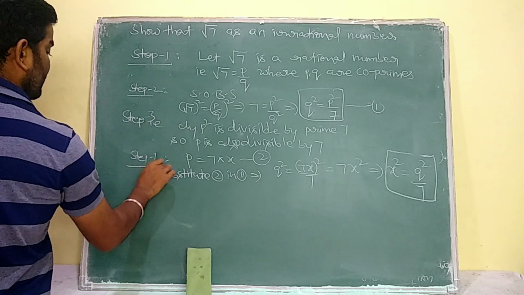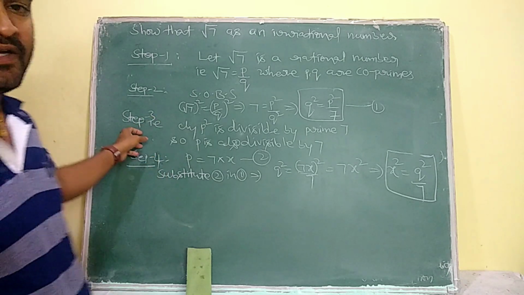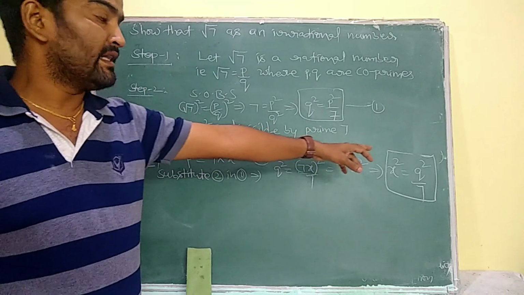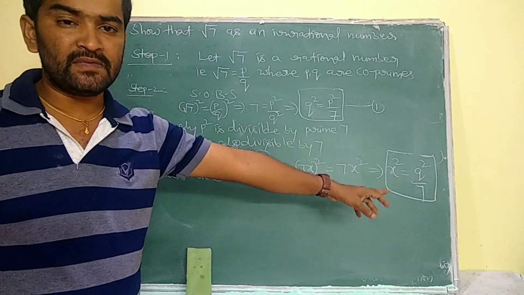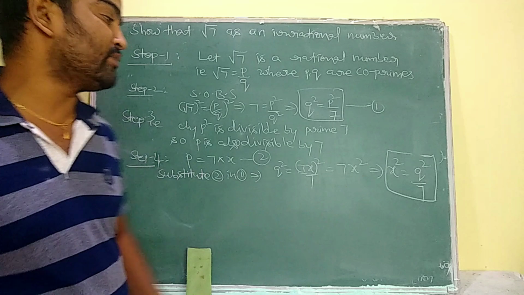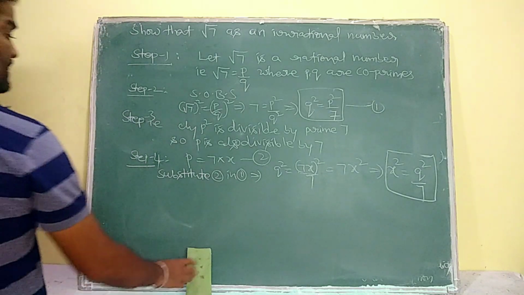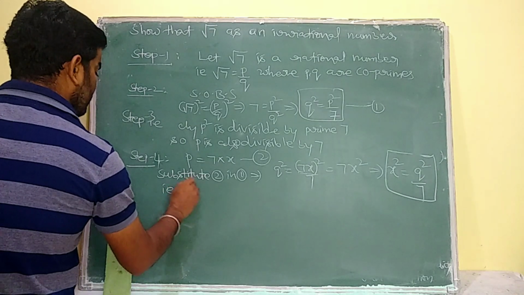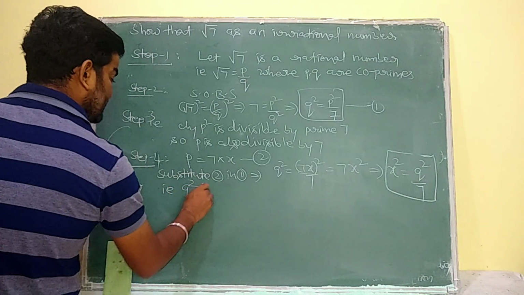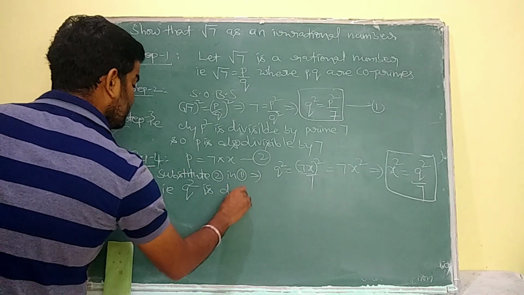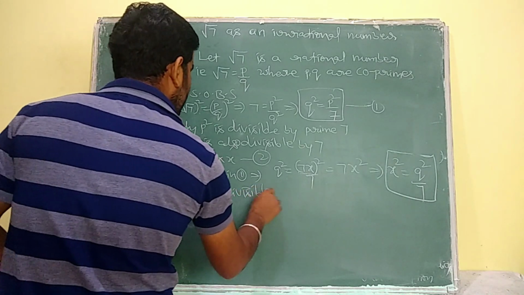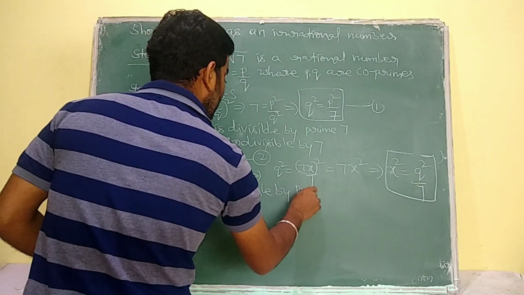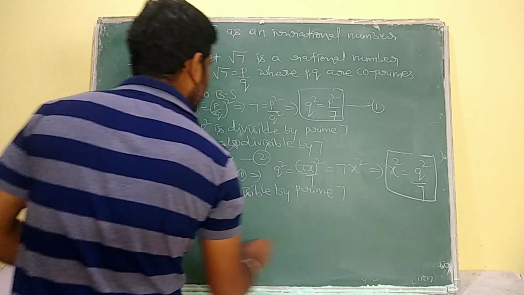This is step 4. And this step 3 is again going to be repeated here. Why? Because see, that q square is divisible by the prime 7. So that q is also divisible by the same prime 7. So I will write that q square is divisible by prime 7.